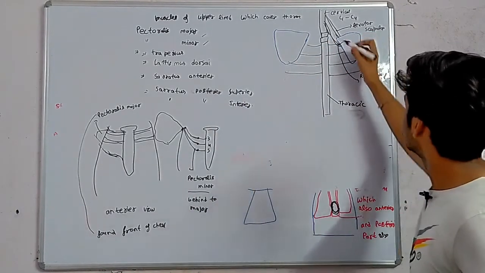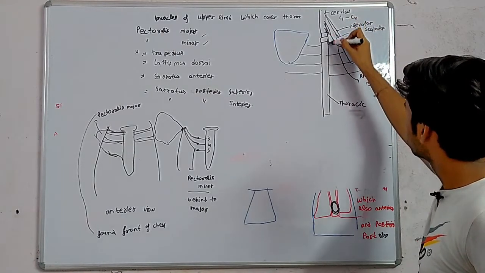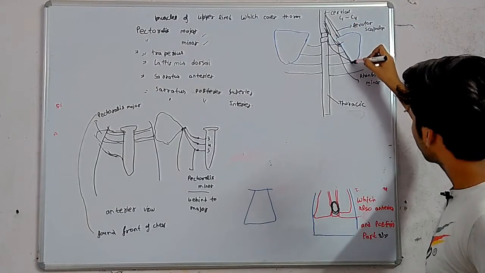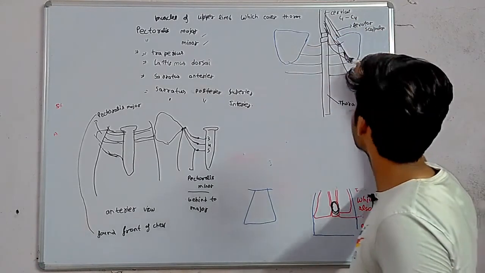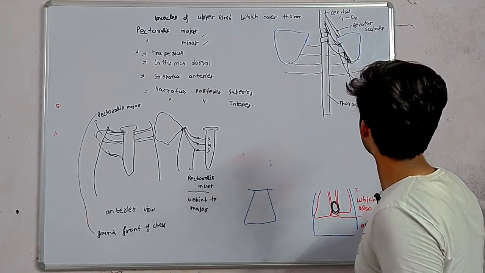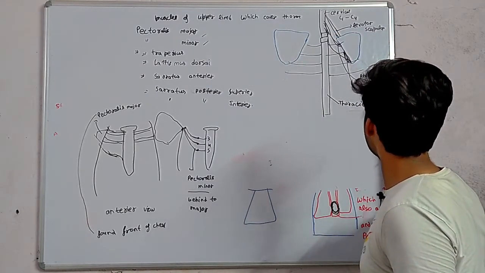Just below this is rhomboides major, which covers the major portion of the posterior medial border of the scapula.